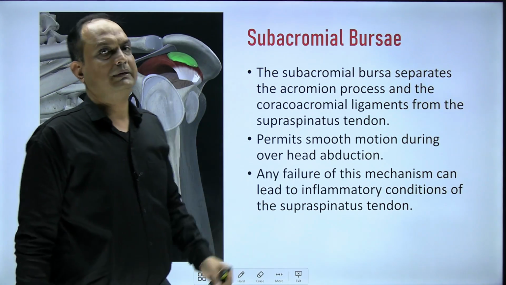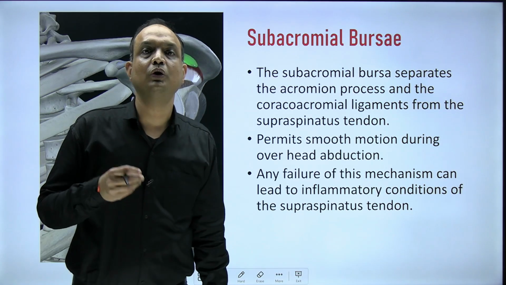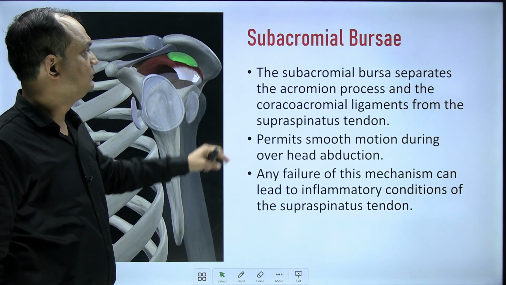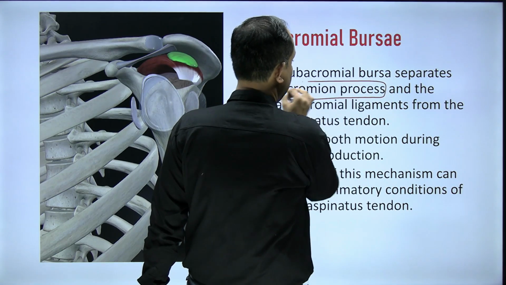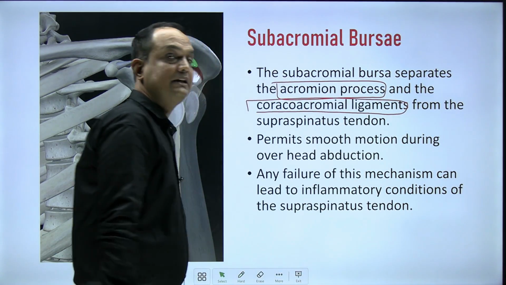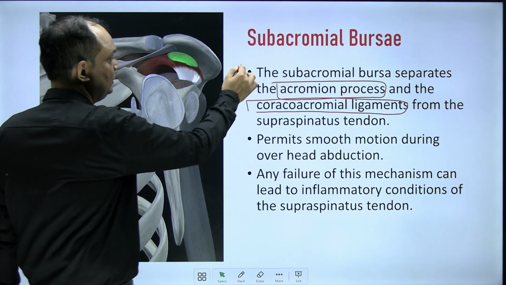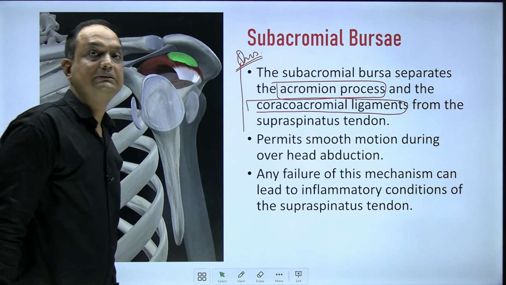The subacromial bursa has very important clinical importance, and it is more commonly asked as a short note. The subacromial bursa separates the acromion process and coracoacromial ligament from the supraspinatus. Its location is a very important question. So where will you find the subacromial bursa?